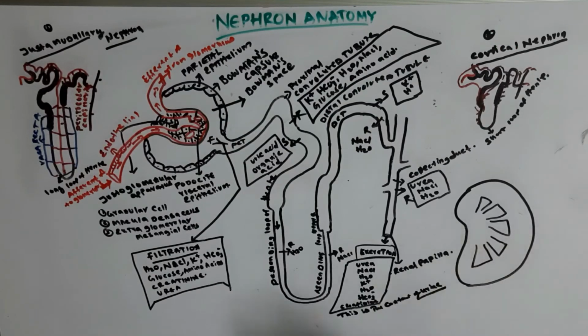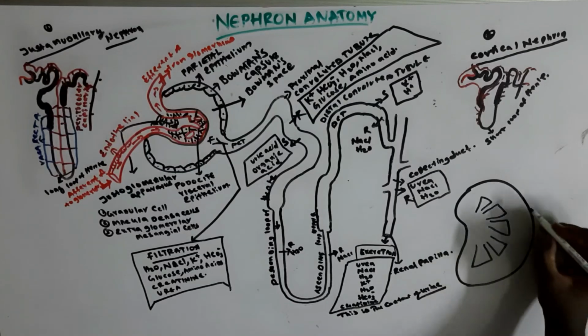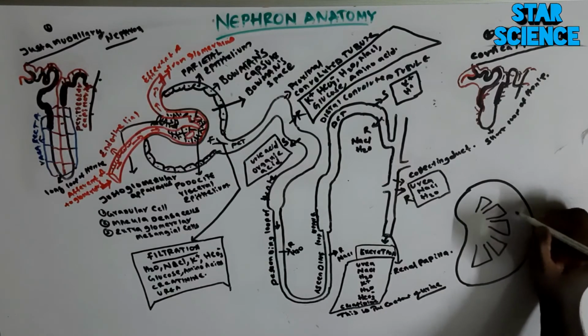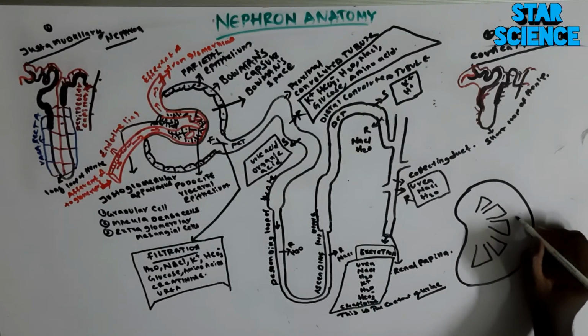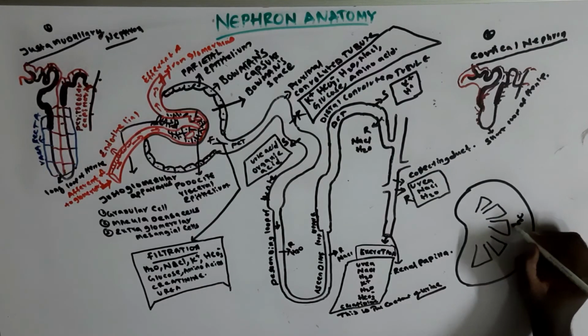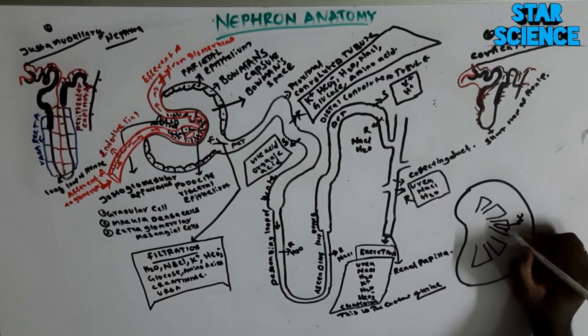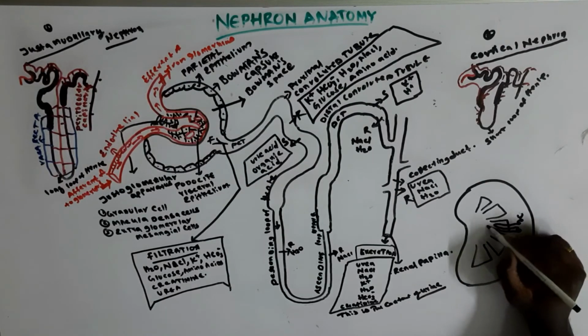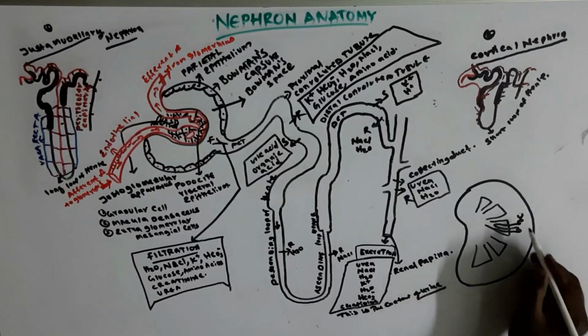So we're going to see this. Right now I am going for the cross section of the kidney, where I am showing the nephron structure in a kidney. I'm drawing only one. You just think this structure is situated in the kidney.